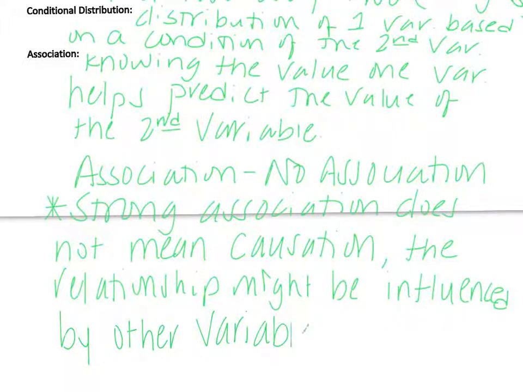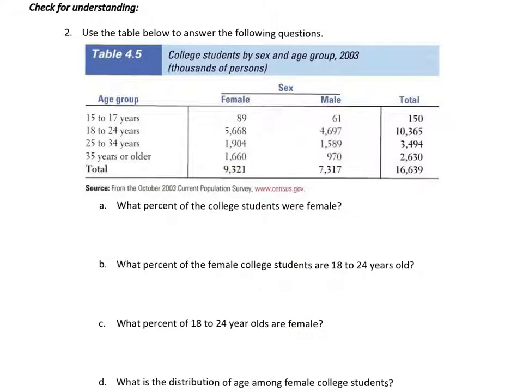Okay, and now we'll take a minute and look at an example. Looking at this first question, it reads, what % of the college students were female? This is a display of college students, separated by their sex or gender and also an age group, each of those being categories.